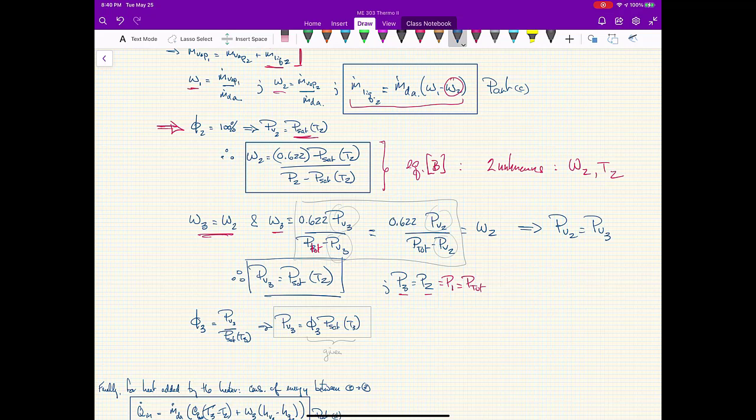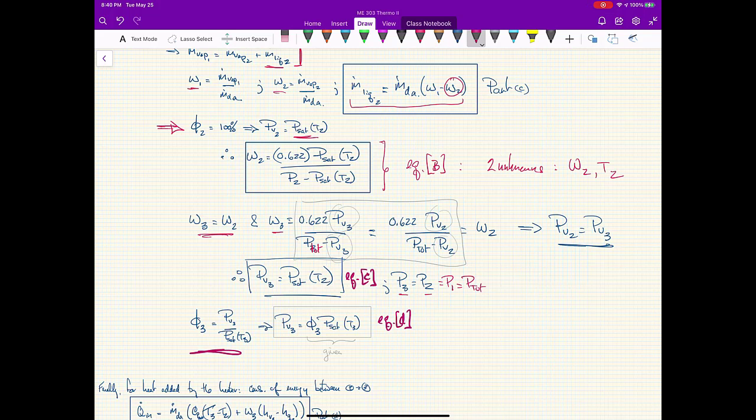So the statement that PV2 is equal to PV3 gives me this guy right there, which I'm going to call equation C. And finally, to evaluate PV3, I go back to the definition of relative humidity, and that gives me equation D right there.